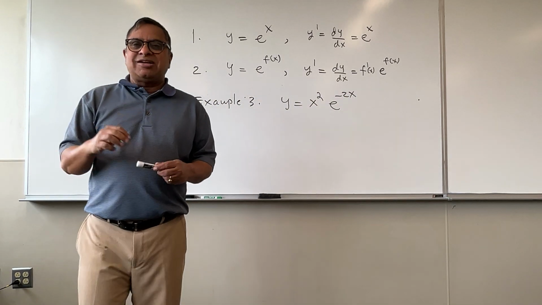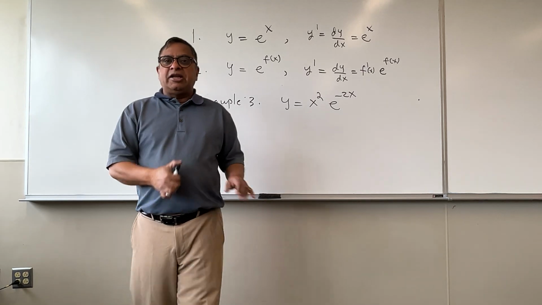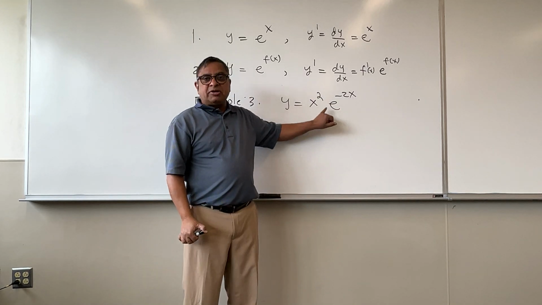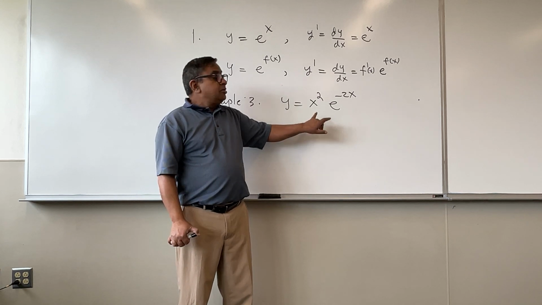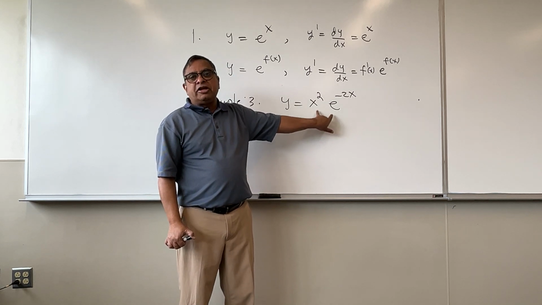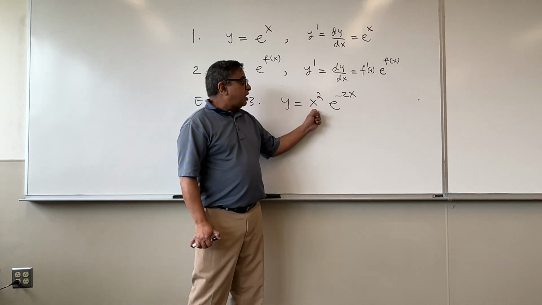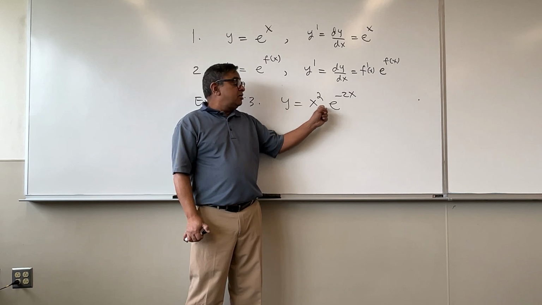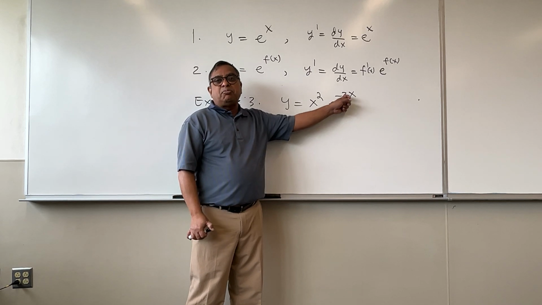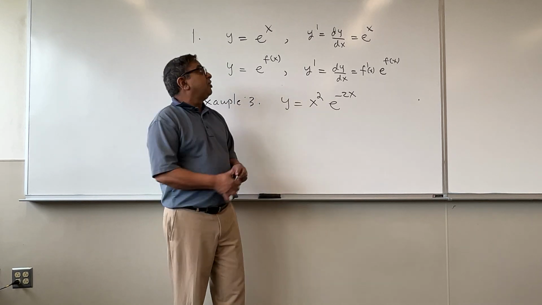This function is not simply an exponential function, it's multiplied by a power of x. Okay? So we have to be careful in finding the derivative of such function. It's a product of two functions. The first function is x squared. The second function is e to the power of minus 2x. So you have to use the product rule for the function.